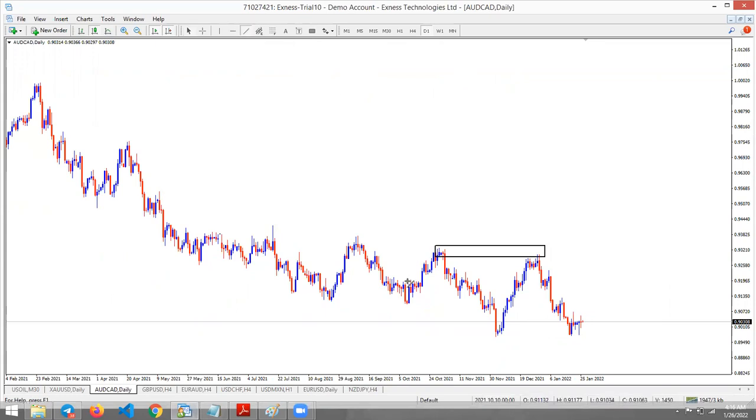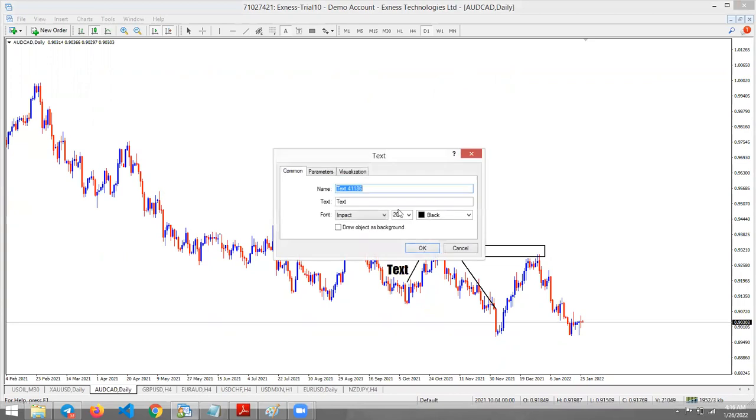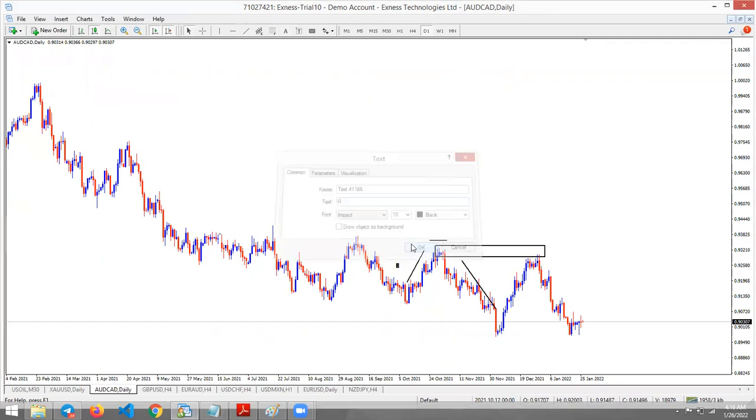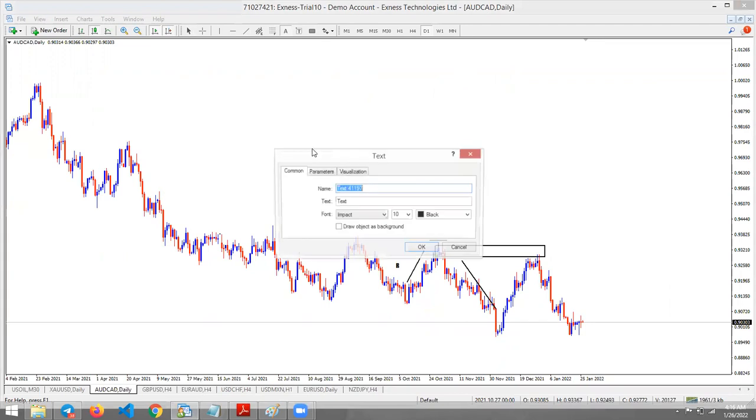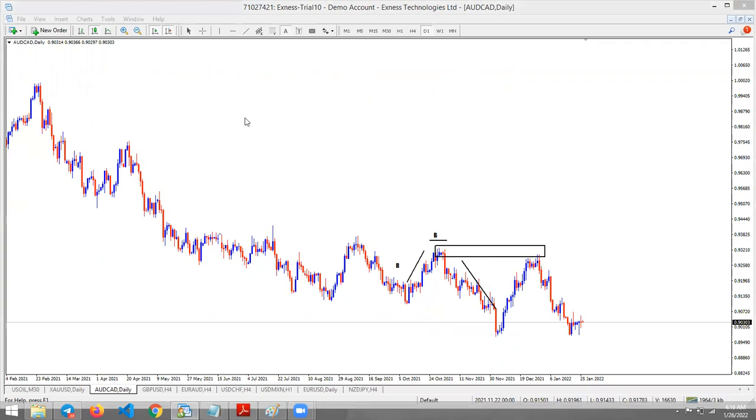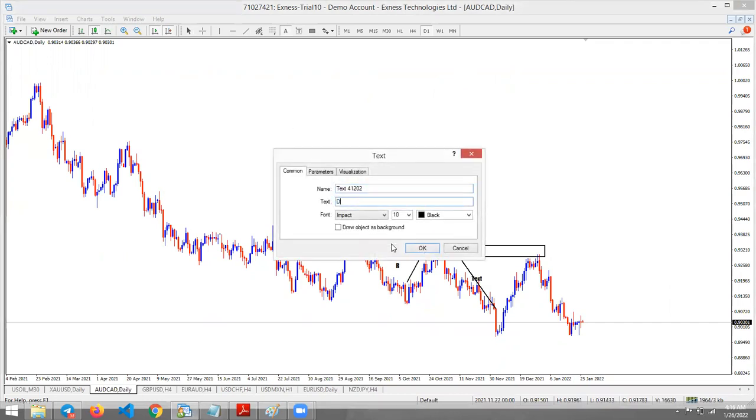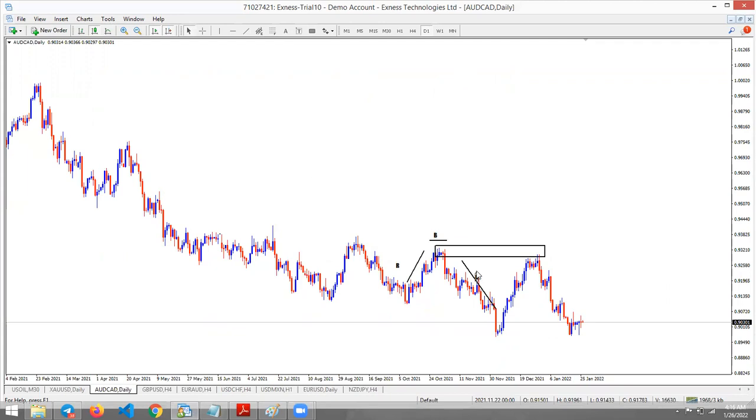You can see price formed a rally, then it formed a base, and then dropped. So this is a perfect example of what we call the rally-base-drop. So price rallied, formed a base, and then dropped. This is a very good example of a rally base drop. Very nice one.